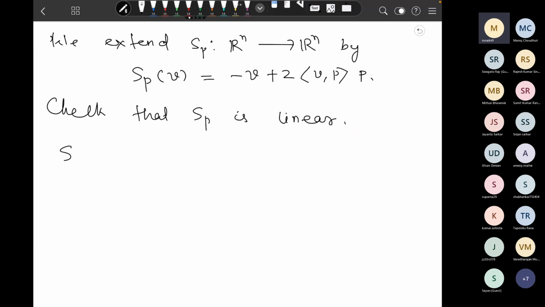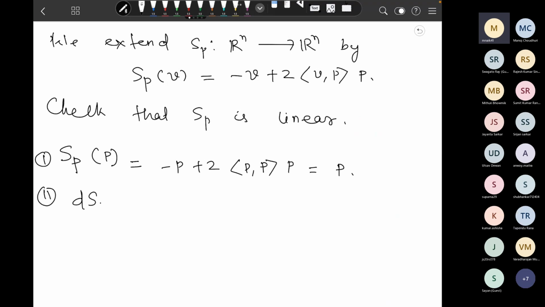Now, what is S_P(p)? S_P(p) is minus p plus 2 times <p,p>p, and <p,p> is 1, so this is minus p plus 2p, which is p. As S_P is linear, dS_P at p is equal to S_P.